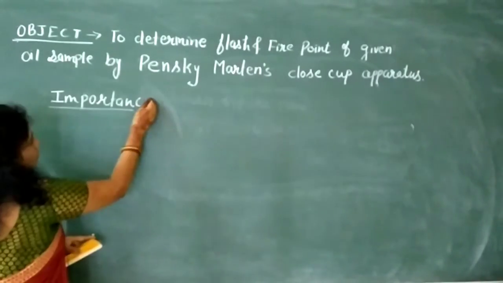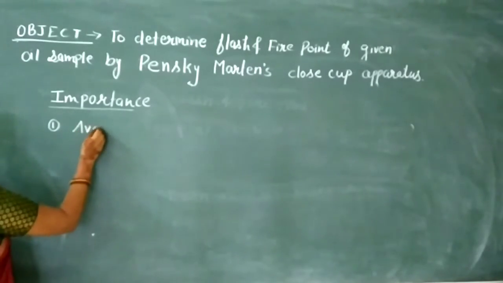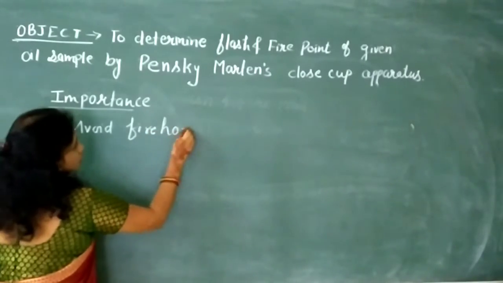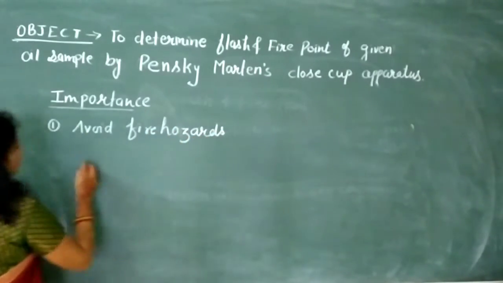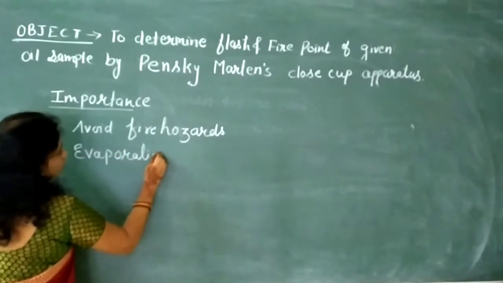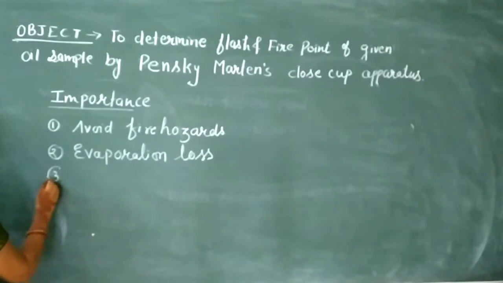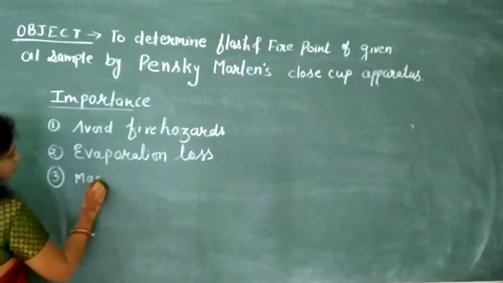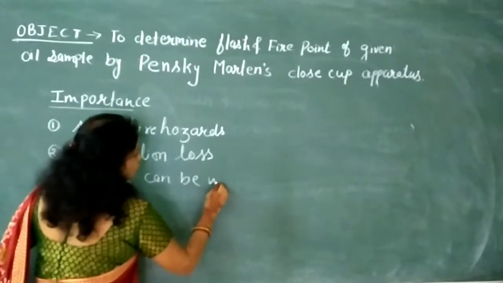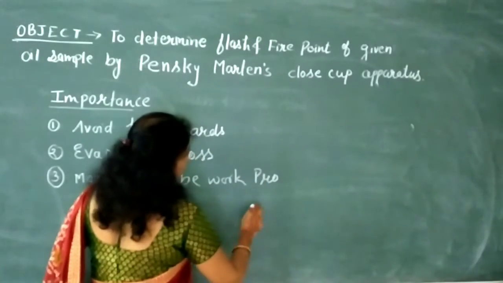The second thing is importance or significance. We can avoid fire hazards, evaporation loss, and the machine can work properly without any accident or any unhappy moments.